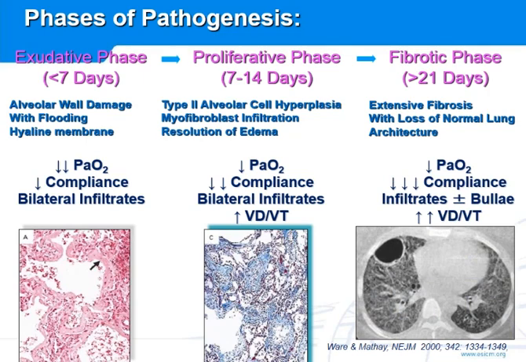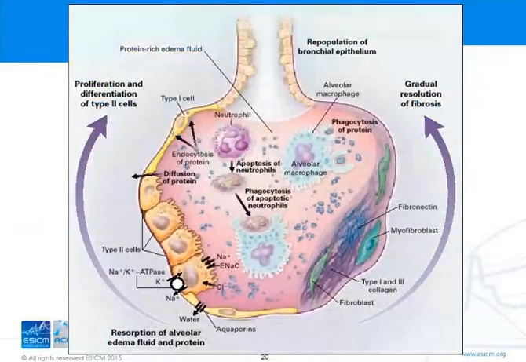And in this case, something that we saw in the past, when patients were not ventilated properly, you may see the real presence of bullae caused by inappropriately high tidal volume ventilation.